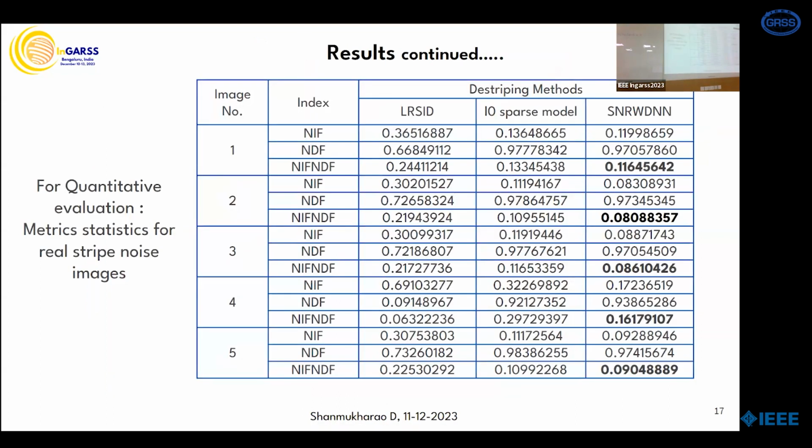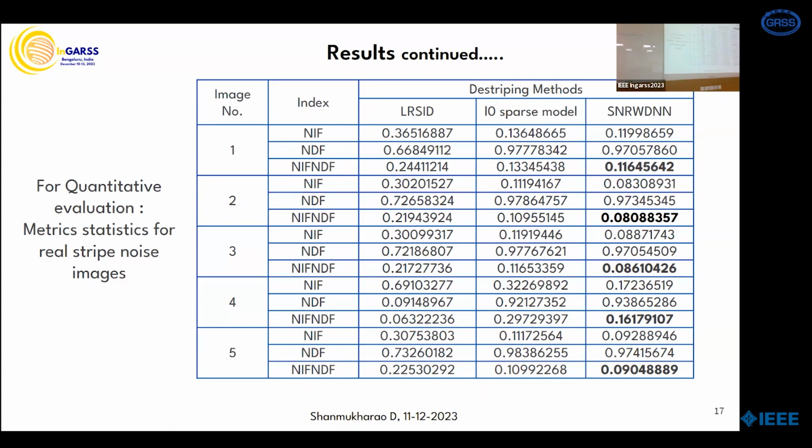Coming to the index metrics, here we are taking NIF and NDF. NDF indicates the distortion in the underlying image. An NDF that reaches 1 is the optimum value. If it is approximately 1, it means that no unwanted information was removed from the image. And an NIF close to 0 is better.